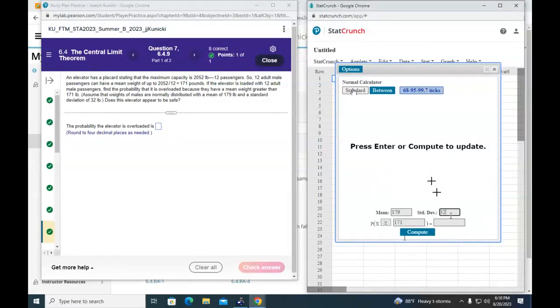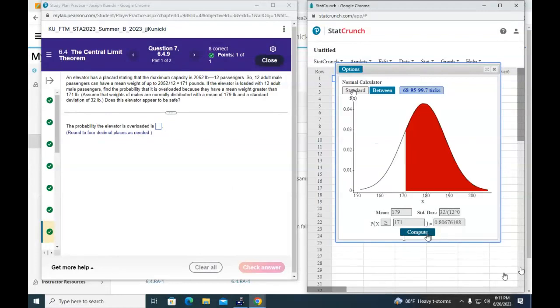So here's what I got to do. I got to go slash, and you can do this with parentheses, parentheses 12 caret 0.5. There's no square root symbol. I have to use the 1/2 exponent, 12 to the 1/2, which is the square root. And so the probability is pretty high.